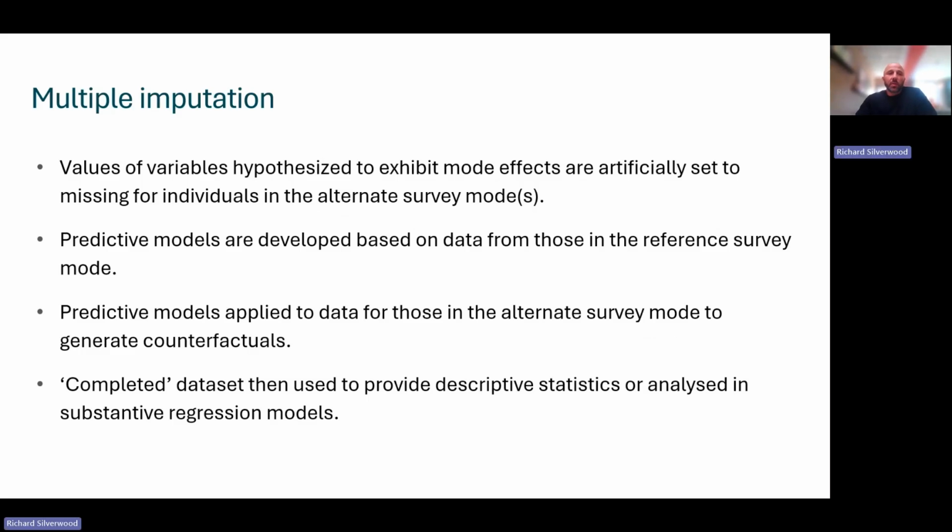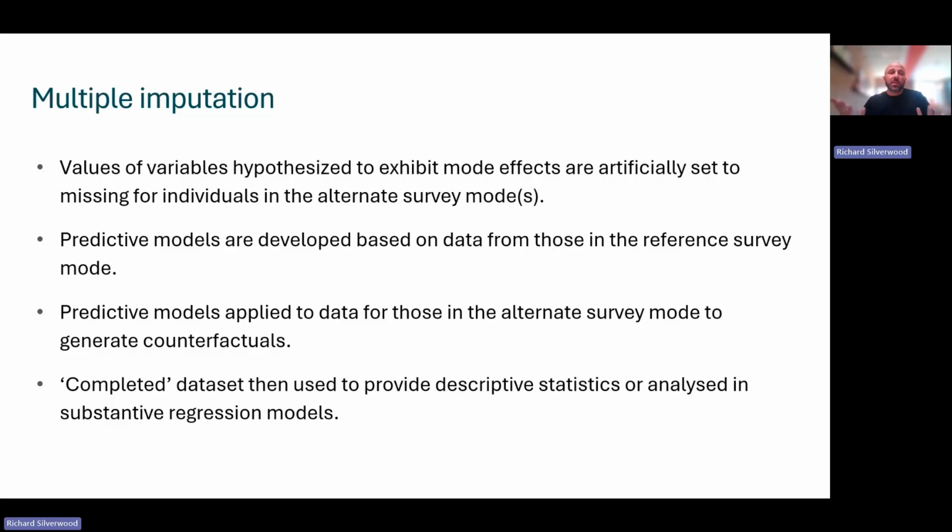Okay, and then in this final part, I'm going to talk a bit about multiple imputation. So mode effects can be positioned within the framework of missing data, in that if we ideally would have observed everyone under one reference mode, then we can consider the information for the variables potentially subject to mode effects that were observed instead under an alternate mode as being missing in some sense.